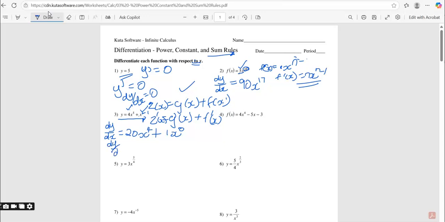So your final derivative is 20x to the power 4 plus 1. We also come to number 4.